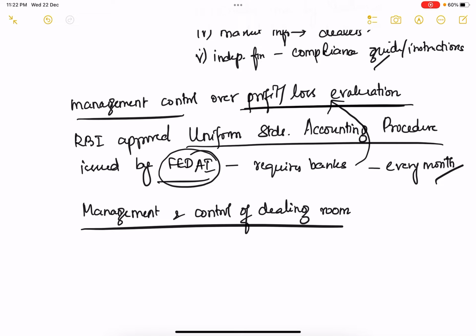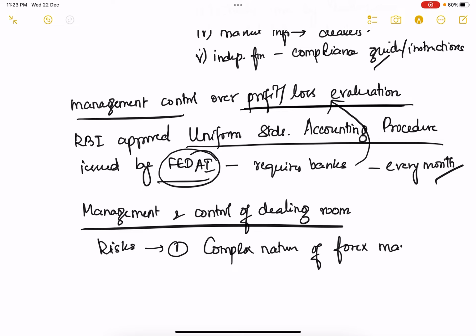So the risks are mainly due to the complex nature of foreign exchange markets, and also the risks in foreign exchange trade are due to volatile nature, that is the changing nature of exchange rate movements. So these are the main factors why we see many risks in exchange trade.